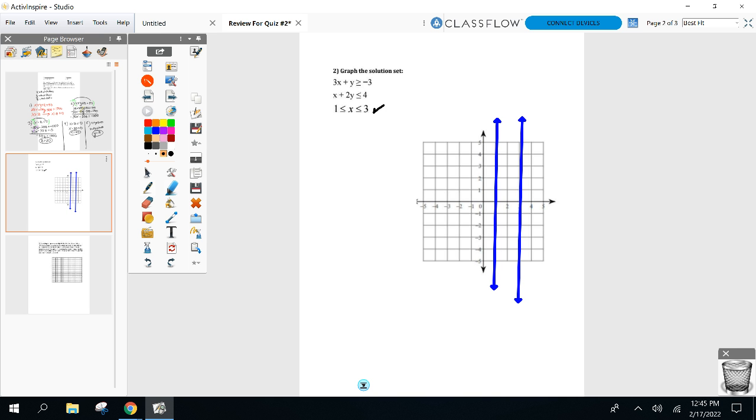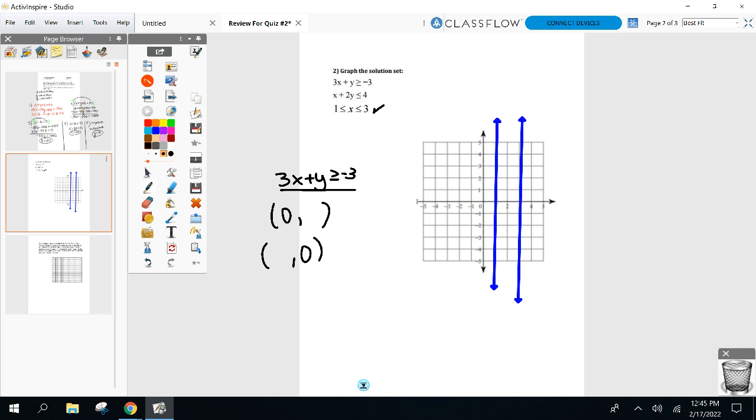All right, next up. 3x plus y greater than or equal to negative 3. Tell me now, what's the deal with the intercepts? Are we good or not? 0 comma something, something comma 0. Finding where to graph.